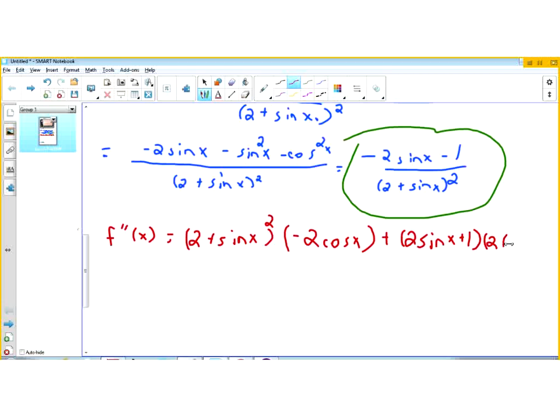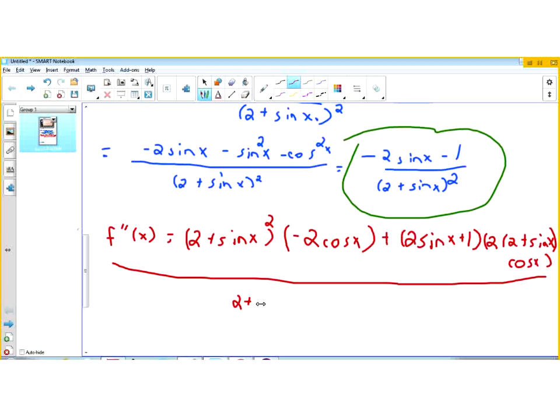So that would be 2 times, I have to use the power rule, times cosine of x, all divided by the bottom squared. So that would be 2 plus sine x to the 4th.